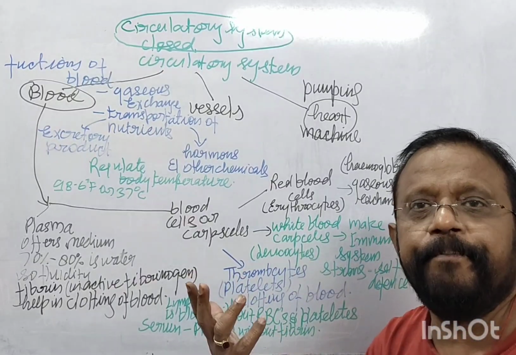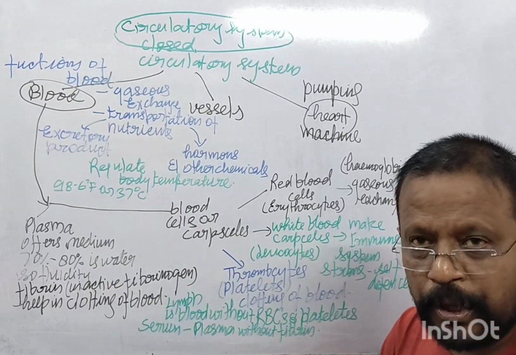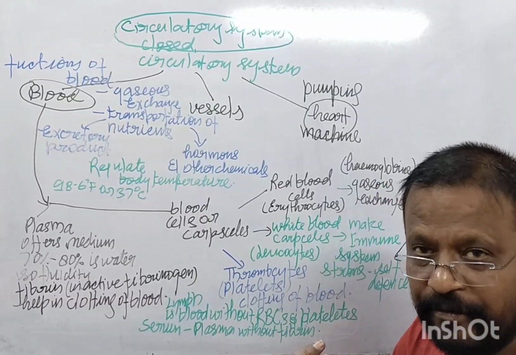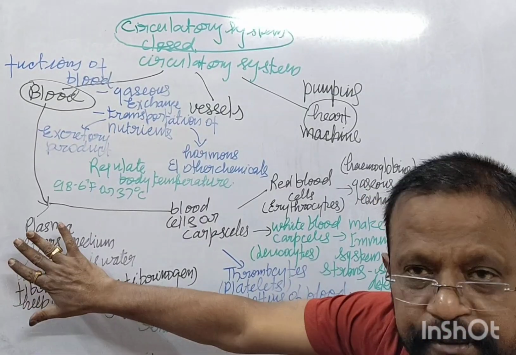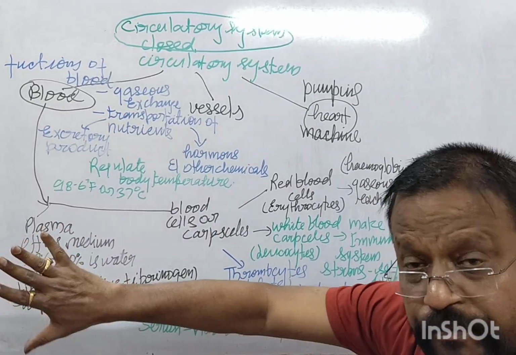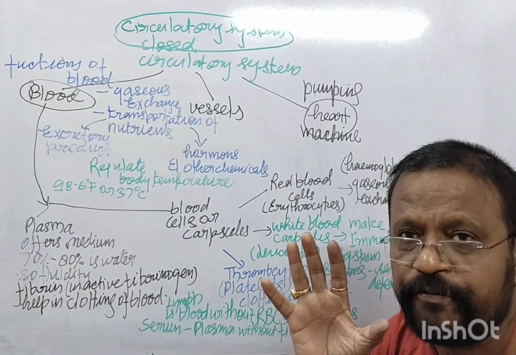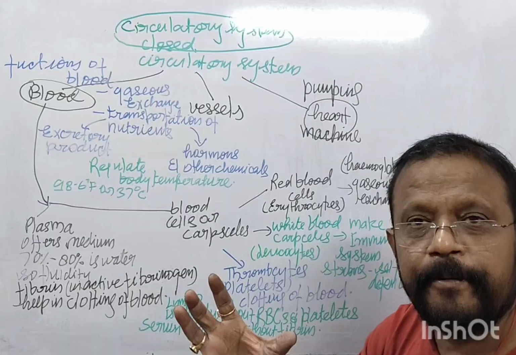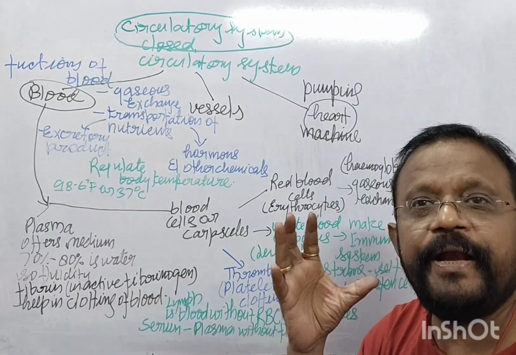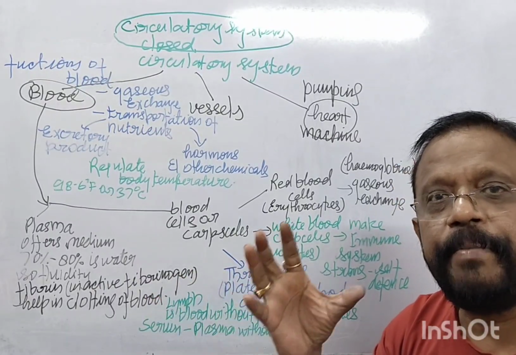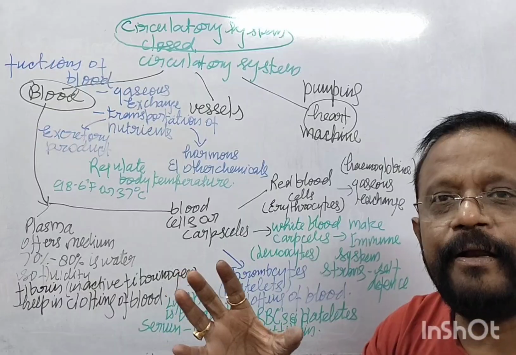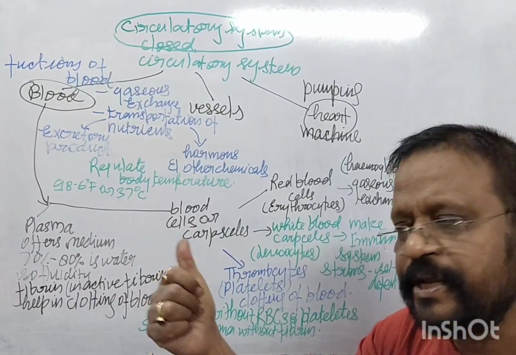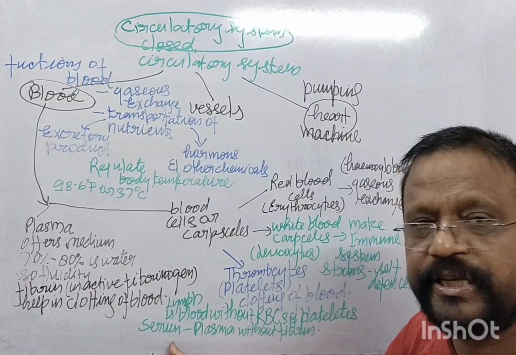It needs time, but the first priority is to maintain the volume of liquid, the fluidity. This plasma is fluid. So the first priority in case of trauma is to keep that volume constant, and for that the doctor immediately gives them serum.